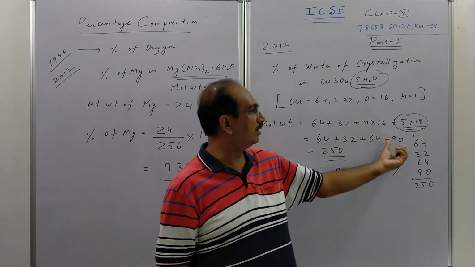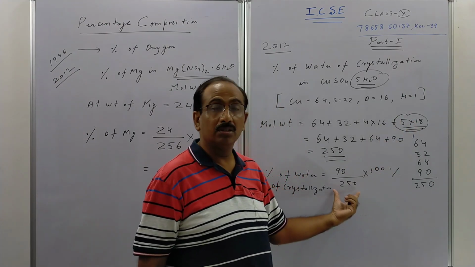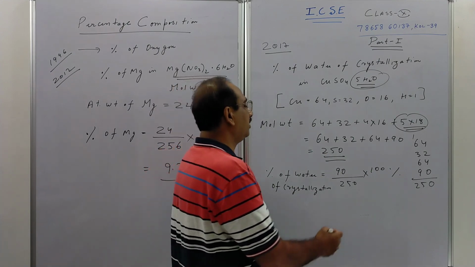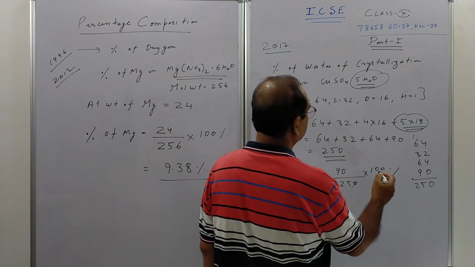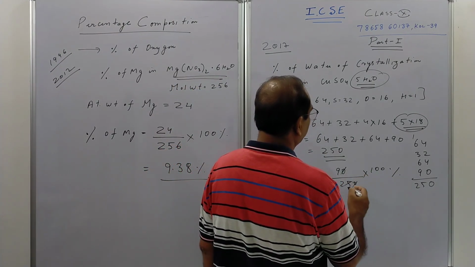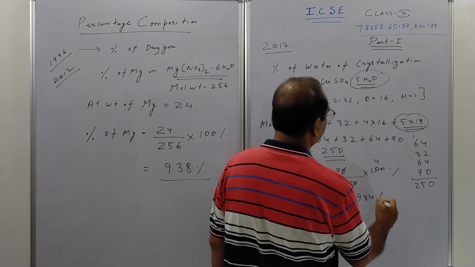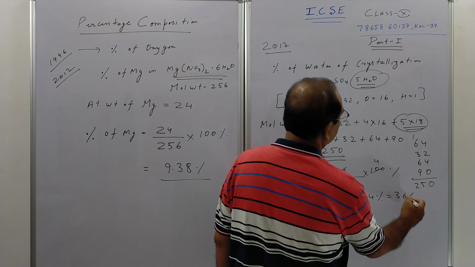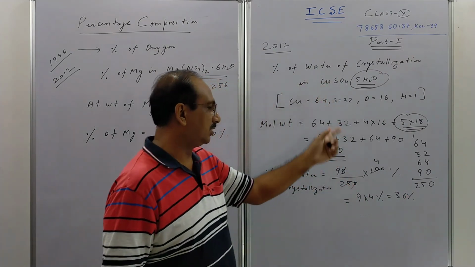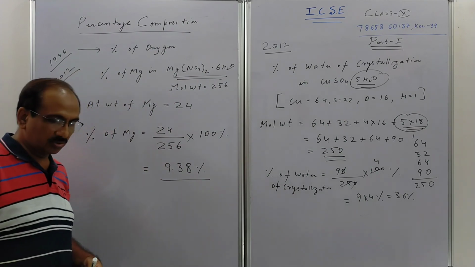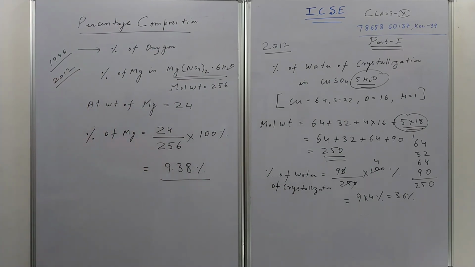We take 90 upon the molecular mass of copper sulfate pentahydrate into 100%. So we cancel: 25 4s are 100, so 9 4s are 36%. Means out of 100, the water of crystallization is 36%. So kindly pause the video and copy, then we move on to the next question.